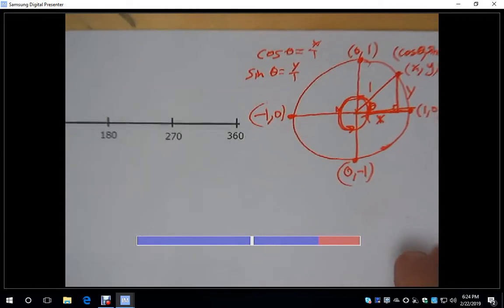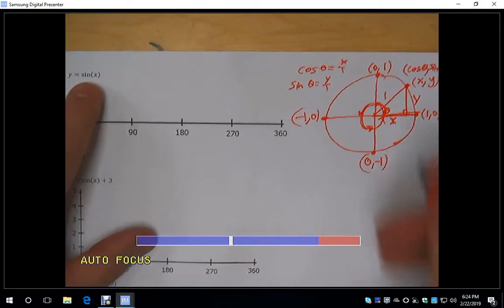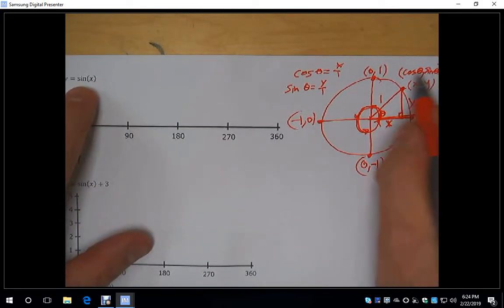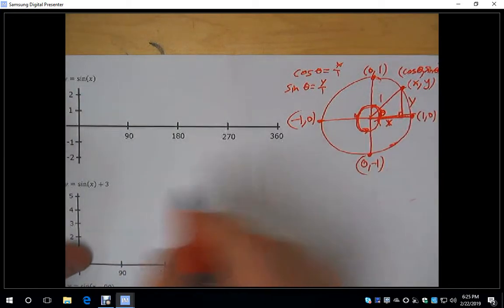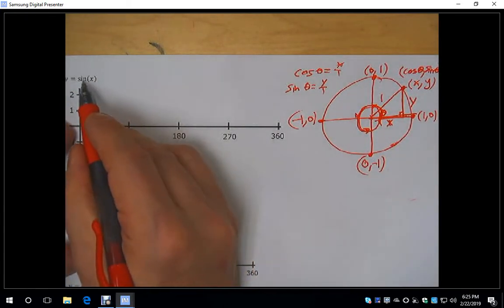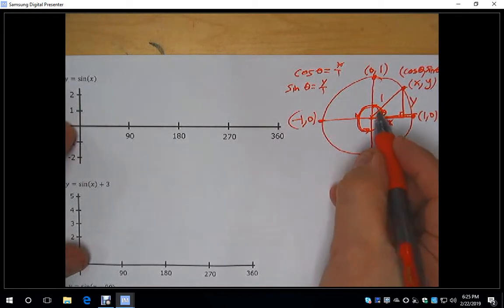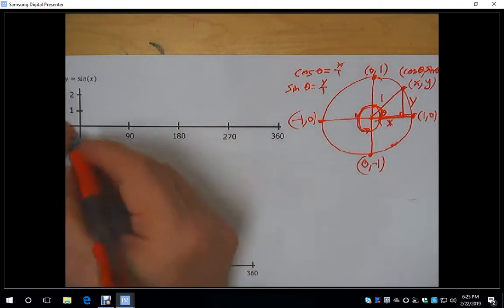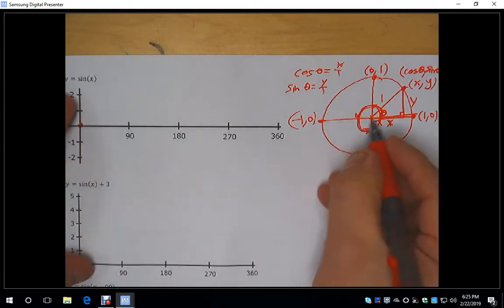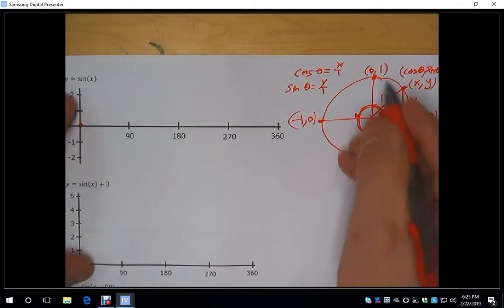Now I'm going to be graphing sine of x, and we'll just be looking at the y values. So sine of 0 degrees is 0. For sine of 90 degrees, our y value is 1.